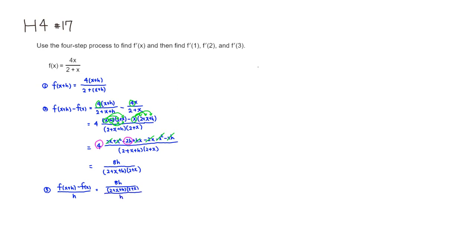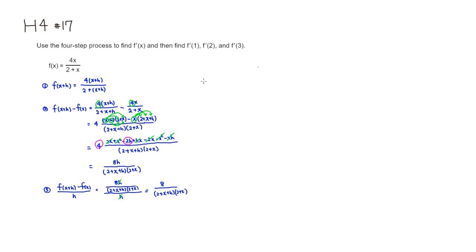You can see that the h and the h cancel out. So what you get is 8 on top, and then we have 2 plus x plus h times 2 plus x.